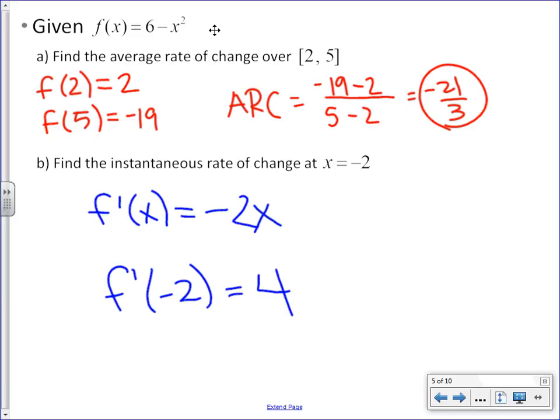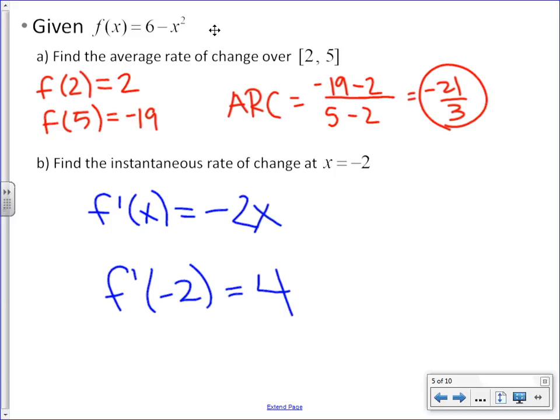In the equation for rate of change, isn't that x1 minus x2? It's slope, yes. But wouldn't negative 19 be the 5 and 2 be the 2? You did y minus y over x minus x. You plugged in 2, which is the x, and got y, then plug in the 5, and get the other y. So we did y minus y over x minus x.